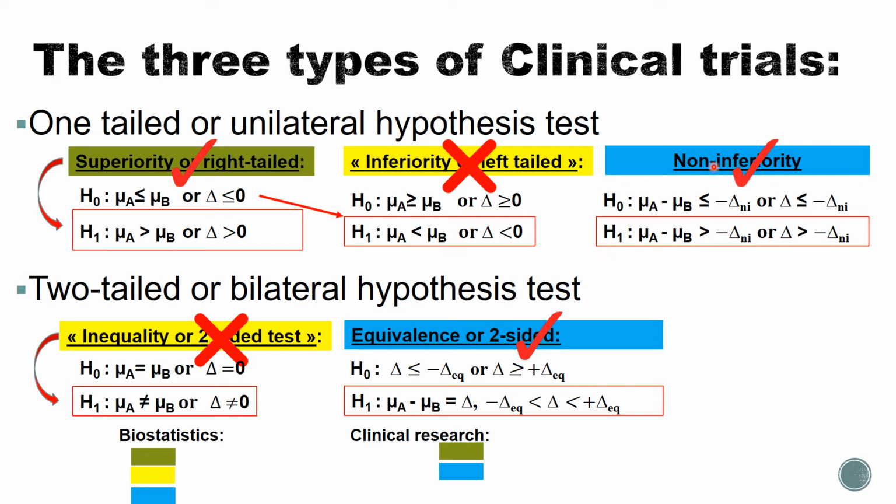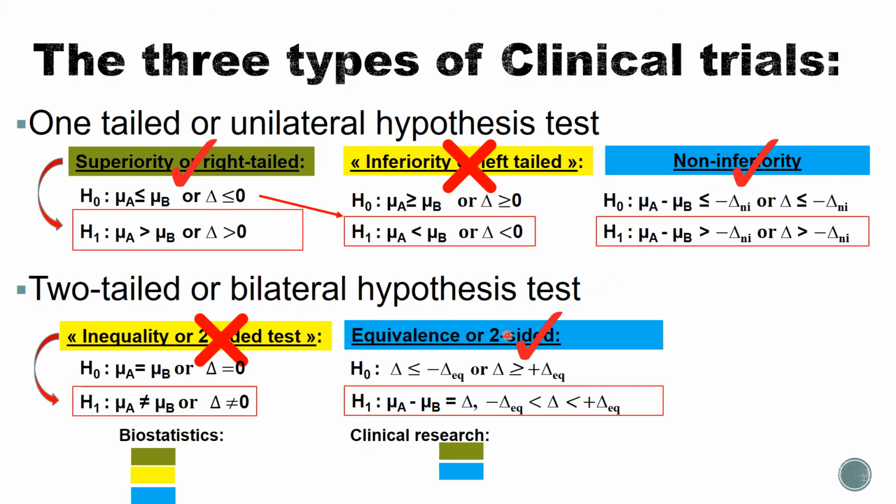I think I've already stated, in a case where we feel the new treatment would not be that much more efficient compared to the existing treatment, however, it has other benefits, maybe lower cost, fewer side effects, and what have you, we would want to carry out a non-inferiority test.